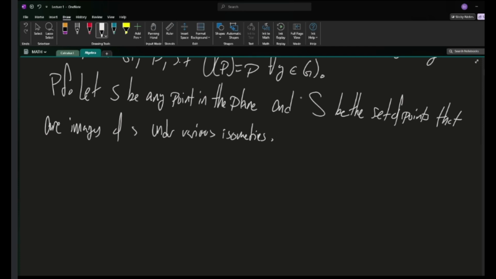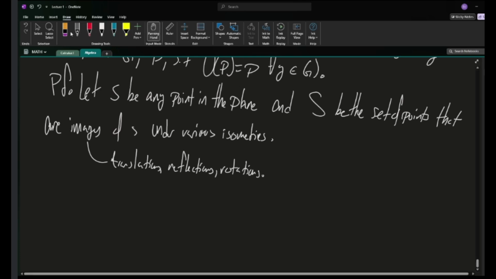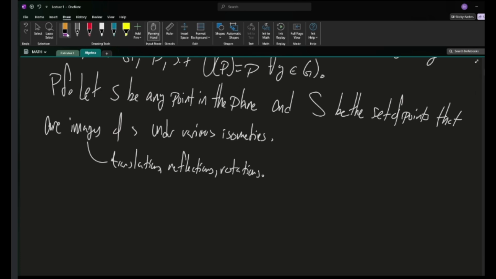What we mean by images is that we denote these images as translations, reflections, and rotations in G.